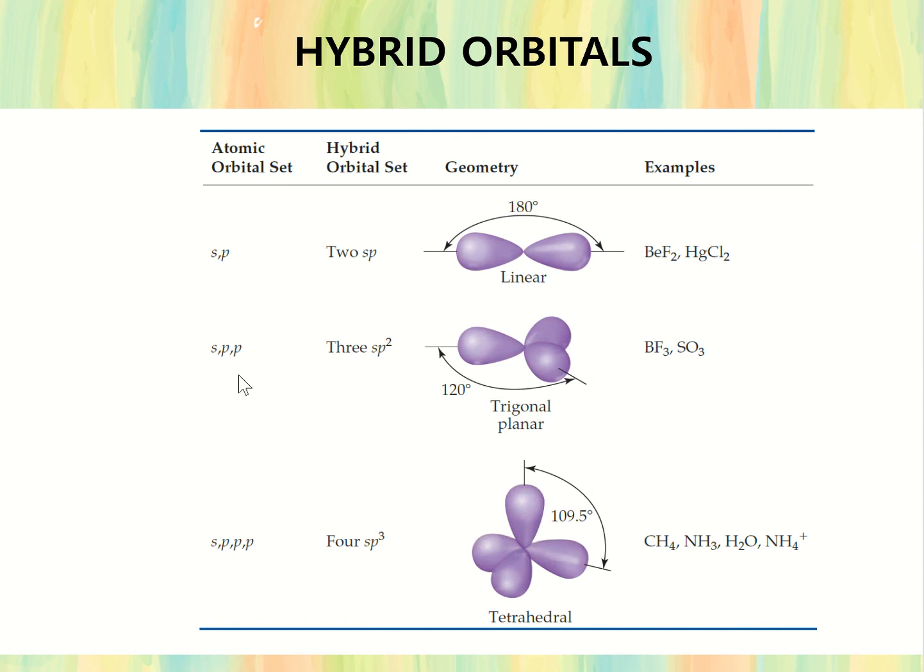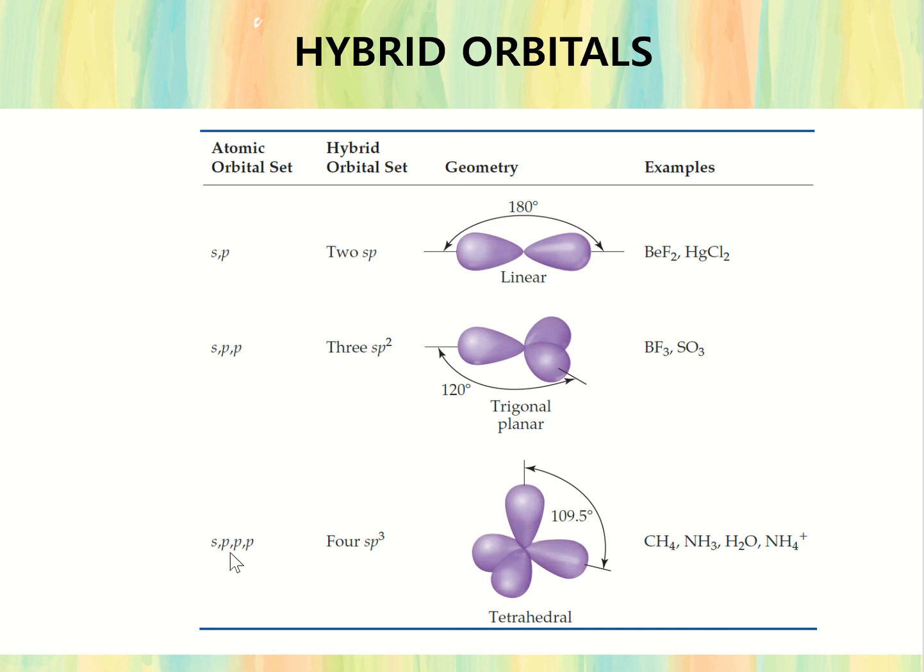In the second row, when we mix one s and two p orbitals, we end up with three sp2 orbitals, which has a geometry of trigonal planar. And so we have a 120-degree angle between these two lobes here. And these are some examples of compounds which fall in that category.